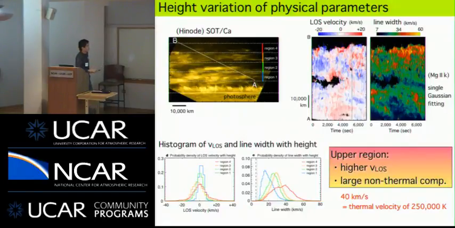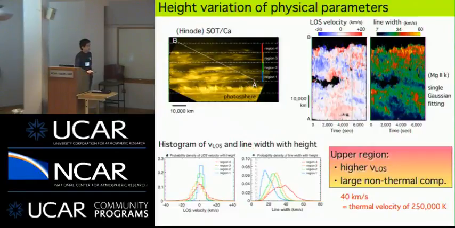Blue to red correspond to lower height to higher altitude. And you can see the higher region has a larger velocity, more than 20 kilometers per second. And also you can find the line width increases clearly with height.